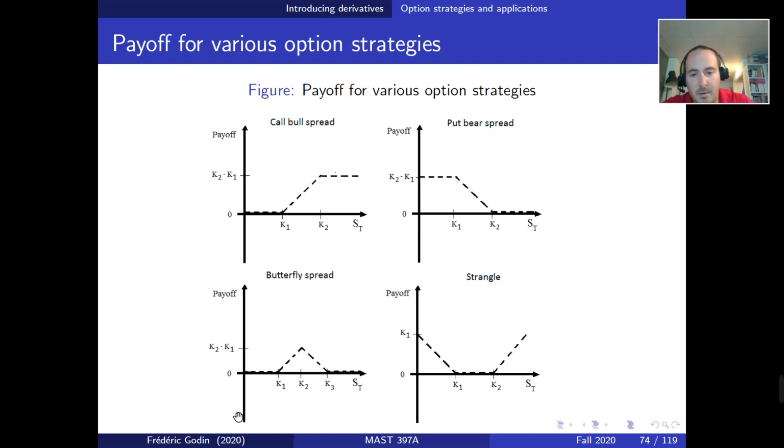This is the payoff function of the butterfly spread, and we can see that it has a positive payoff if the stock price remains in between K1 and K3, but a zero payoff otherwise. We use the word spread, but it's in fact a combination of options. This combination allows speculating typically on low volatility in the markets.